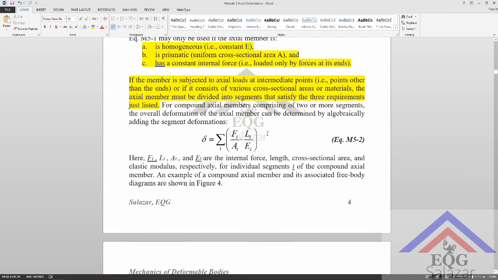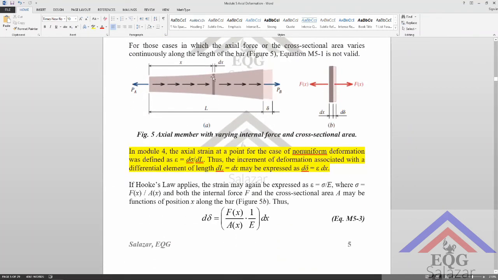But how is this an application of equation M5-2? Well, what we can do is isolate differential segments. In these differential segments, with a differential length of dx, there is a corresponding differential deformation, and the total deformation will be the sum of all the deformations of those differential lengths.